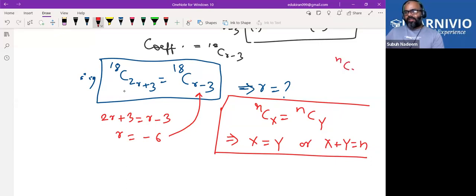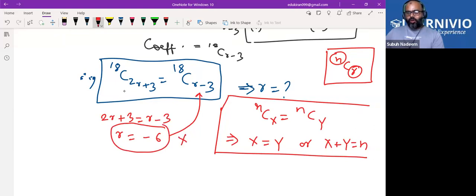When we take nCr, n is a positive integer and r is also a positive integer or 0, but it can't be negative. nCr with a negative number does not make any sense. That is not the definition of nCr. So you can't accept this value because 18C r minus 3 will be undefined as well as 18C 2r plus 3 will be undefined.